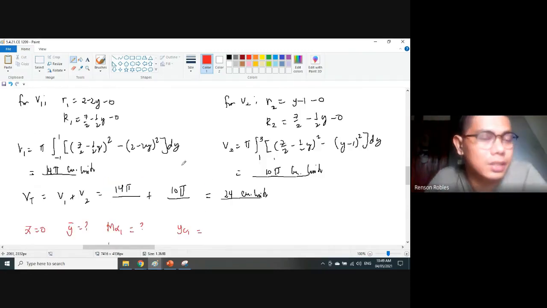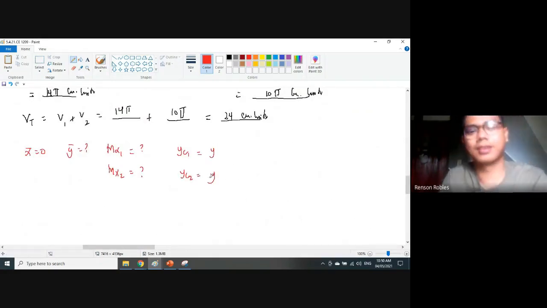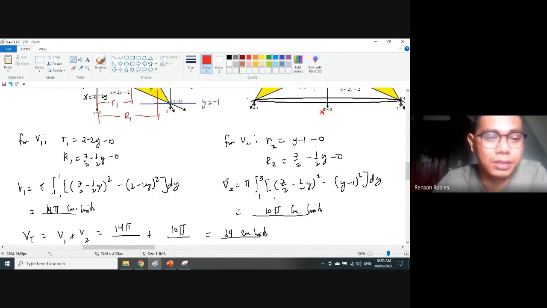When we are referring to moment in x1, we need to look for yc1 and yc2. Since the element chosen is horizontal, yc1 is y. Kasi dito sa vertical element, ang yc1 nyo is one half y upper plus y lower. Same with yc2, which is one half y upper plus y lower. Ito, y lang. And then, what are you going to do next?